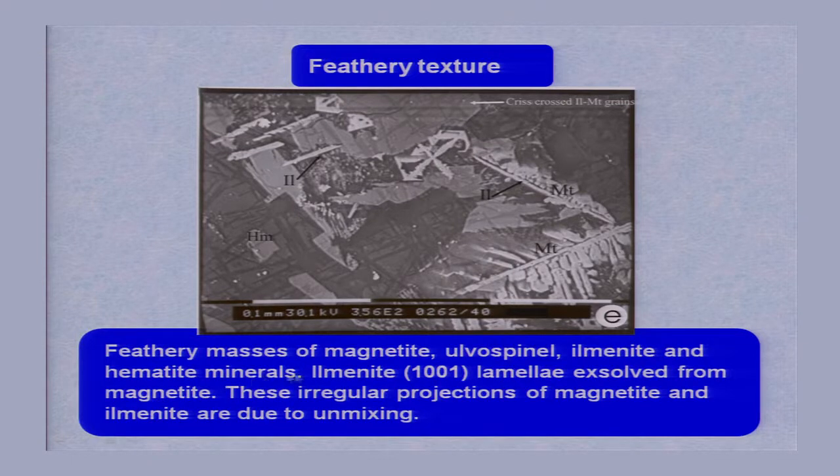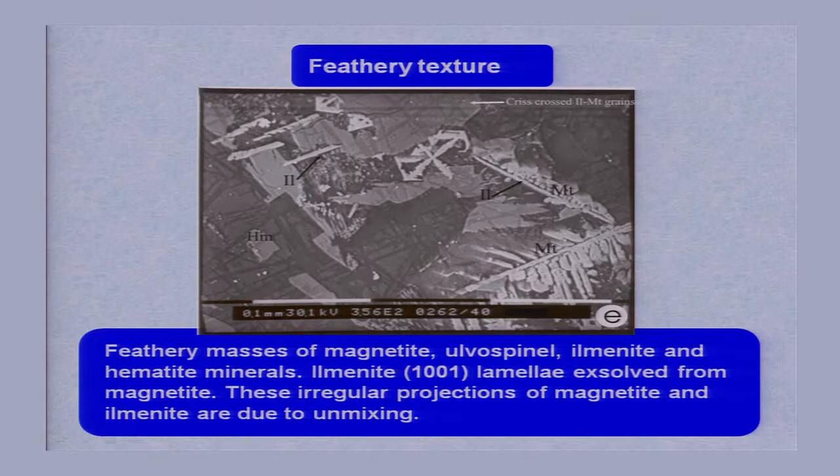Ilmenite and hematite minerals. Ilmenite forms lamellae exsolved from magnetite. These are the ilmenite lamellae, which is very interesting. These irregular projections of magnetite and ilmenite are due to unmixing.